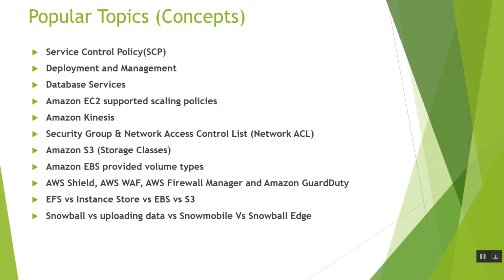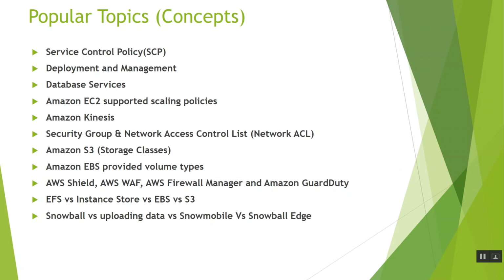Amazon S3 is a very big topic, but I'll just cover it in two slides to give an overview. And Amazon EBS provided volume types. There are four volume types, and we will discuss them again. And then AWS Shield, AWS WAF, AWS Firewall Manager, and AWS GuardDuty.